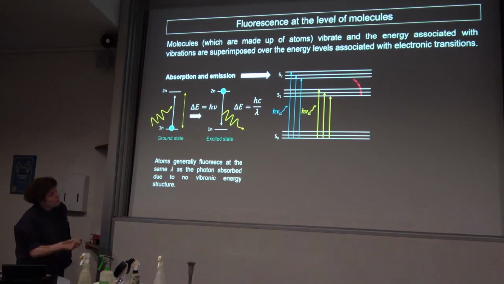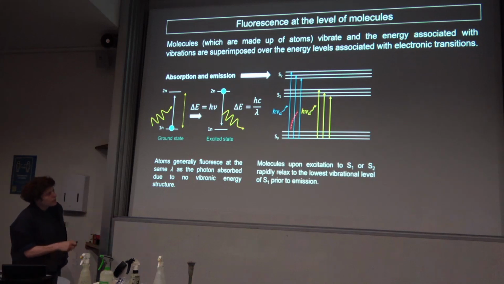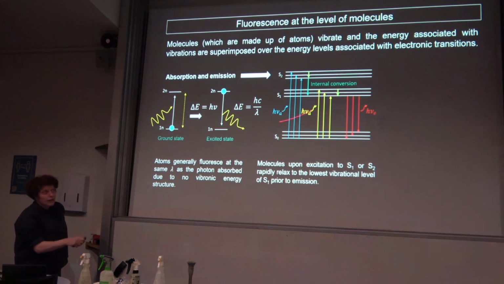But a molecule, upon excitation from the ground state to some excited state, will rapidly relax to the lowest vibrational state within a given energy level prior to emission. Because of this loss of energy, which we call internal conversion, the photon absorbed is no longer equal to the photon emitted.